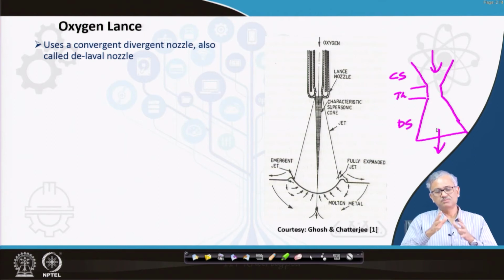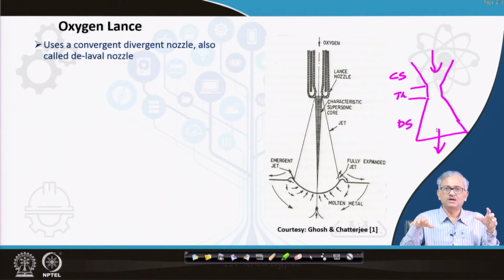By proper design of the convergent and divergent section lengths, you can get a very high speed oxygen jet emerging from the nozzle at atmospheric pressure. As a result, it will not interact with the ambient air, and the oxygen will travel at the same speed, in the supersonic range. So the supersonic jet will come out at around one atmospheric pressure.